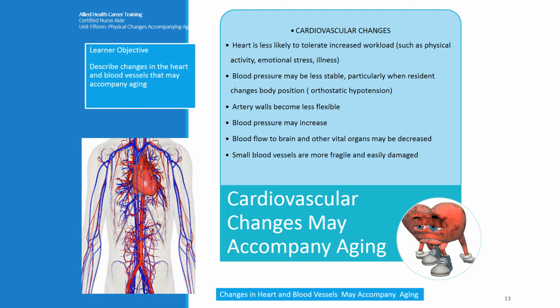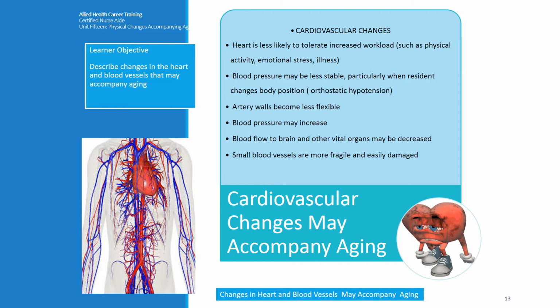So your blood pressure may be less stable, particularly when the resident changes body positions. That's that orthostatic hypotension that we've talked about. When you have that orthostatic hypotension, then your resident, if they sit up too quickly from lying down or stand up too quickly from sitting, their blood pressure may drop and they might pass out.